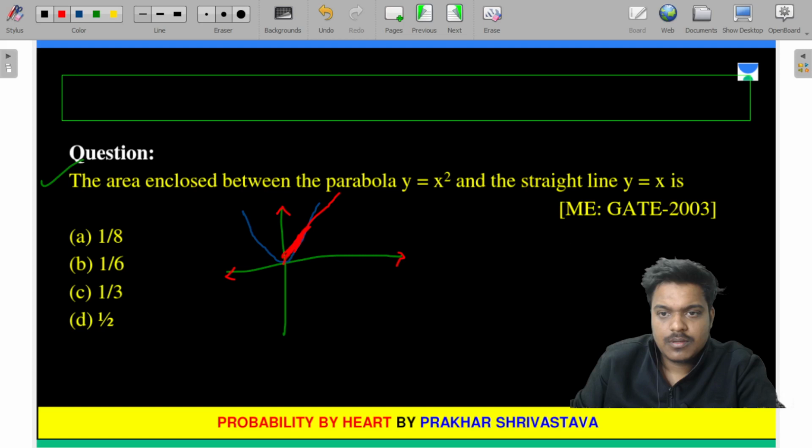Attempt this question. Yeah, it's an easy question. Solve this question. This is a good one.